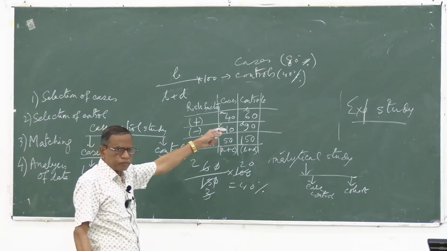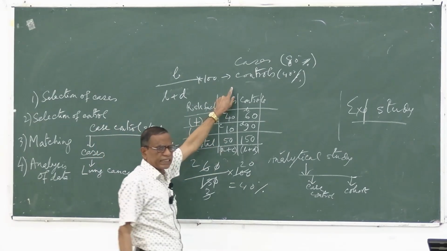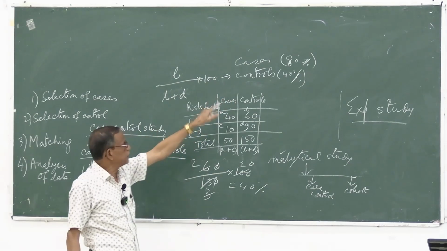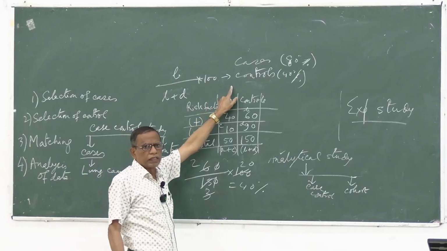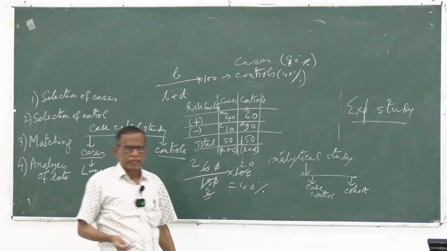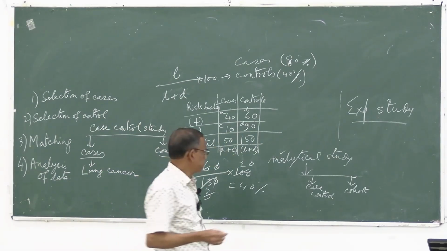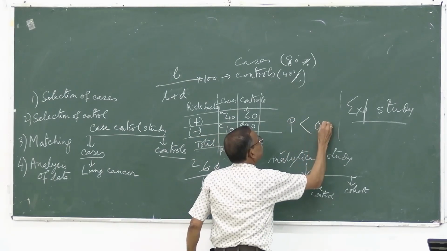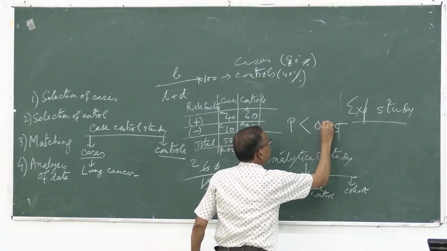So frequency of exposure among the cases is much more in comparison to control, and this difference is tested, and here the p value is less than 0.05.